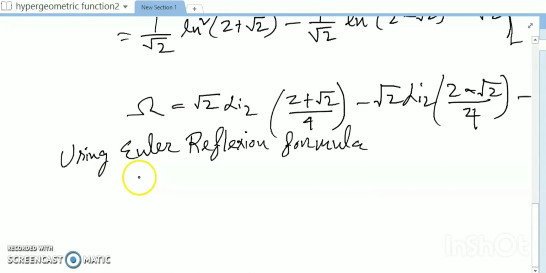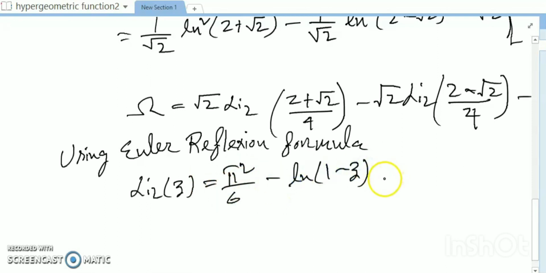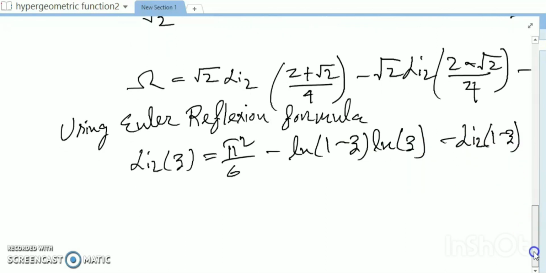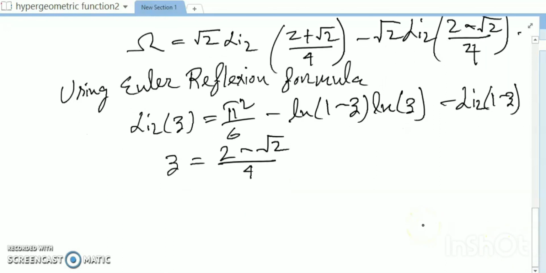I have already proved this formula on my channel. You can get this formula from Ali Shadhar's books as reference, or Cornell's book, the harmonic series books. Very good books are Cornell and Ali Shadhar. You can check also.